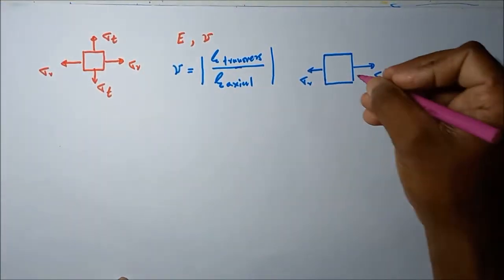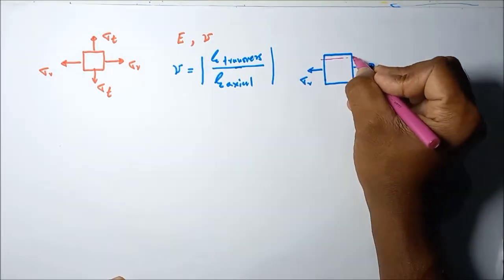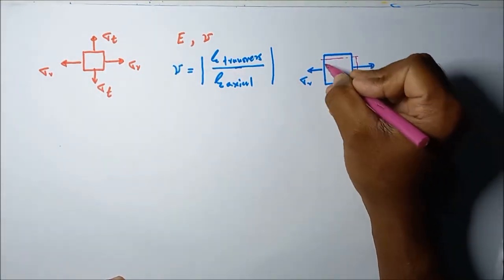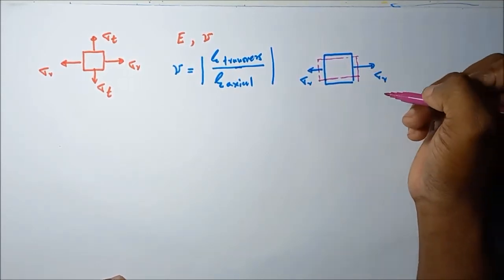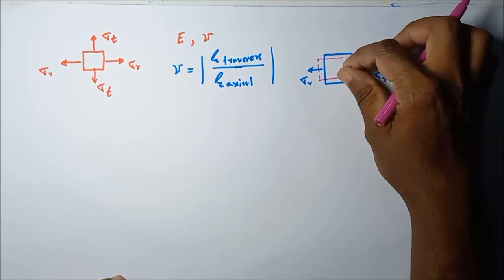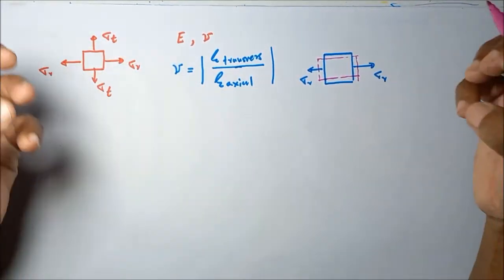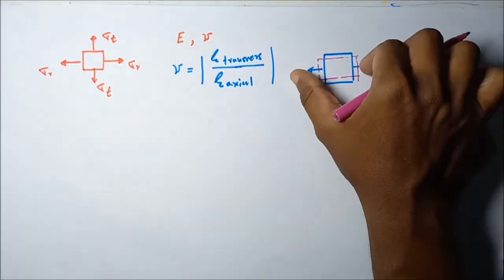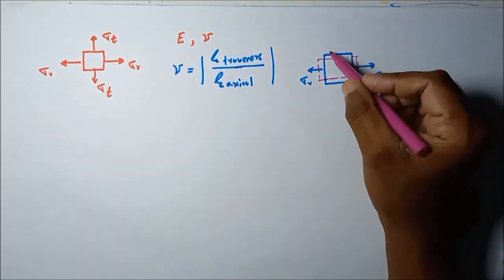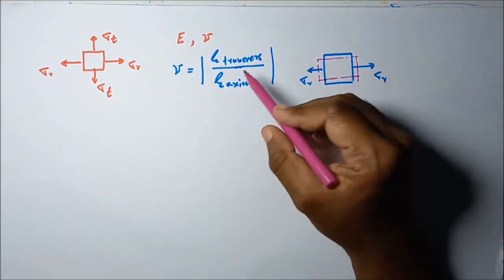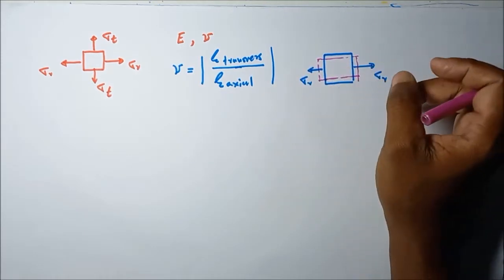While stretching in the r direction, it will contract in the transverse direction. According to this figure, it contracts in the transverse direction while stretching in the radial direction. So the ratio of transverse strain to axial strain is called the Poisson ratio.